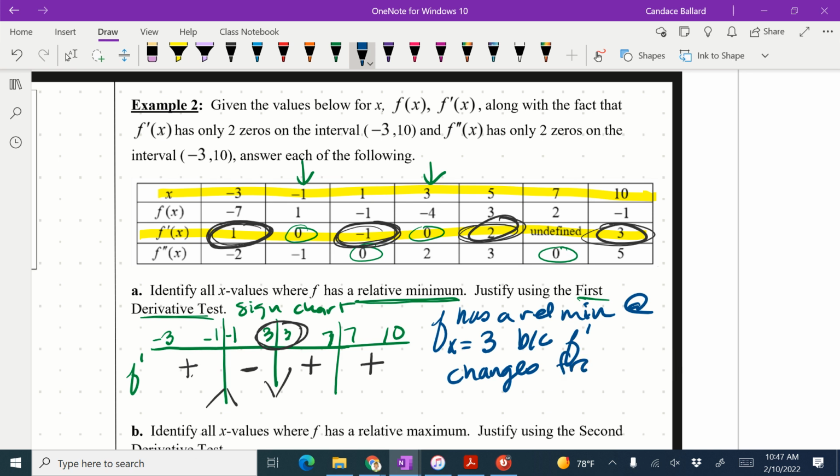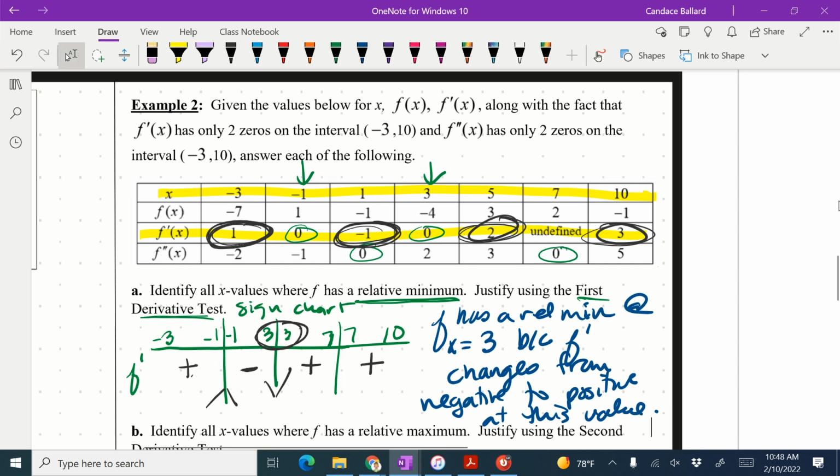F prime changes from negative to positive at this value if you wanted to complete the sentence. Give you a few more seconds to get that written.